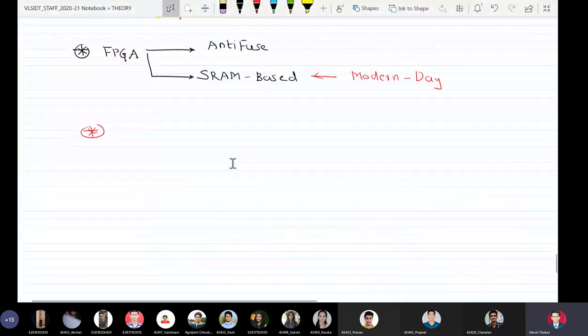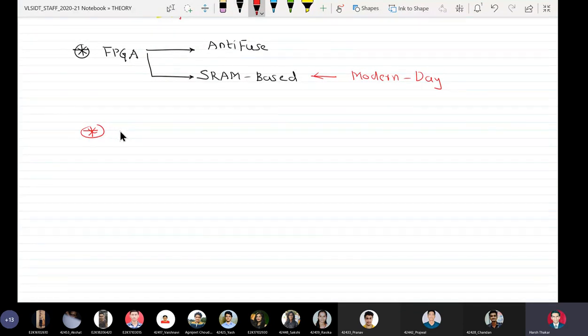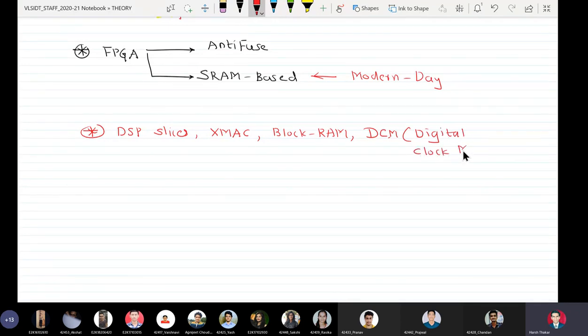Okay, so among the features of an FPGA, we can write down that it contains DSP slices, they contain MAC blocks, multiply and accumulate, they contain block RAM, they contain DCM, that is digital clock managers, and they also contain gigabit transceivers.